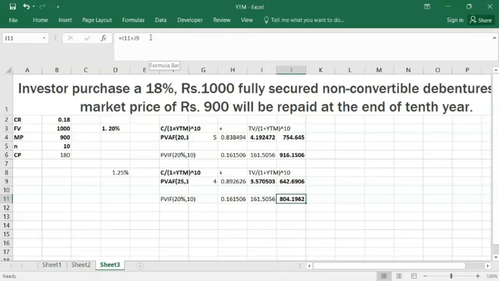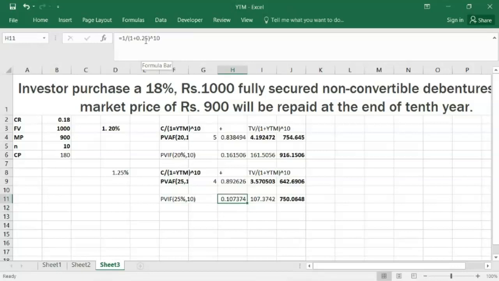The present value together with the coupon payment comes to 642.69. Then the present value is calculated for the terminal value or the terminal benefit, for 25% for 10 years. It means 1 divided by 1 plus r, here 1 divided by 1 plus 0.25 to the power 10.